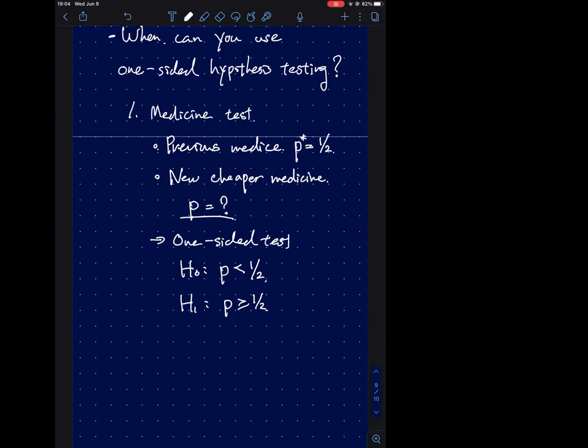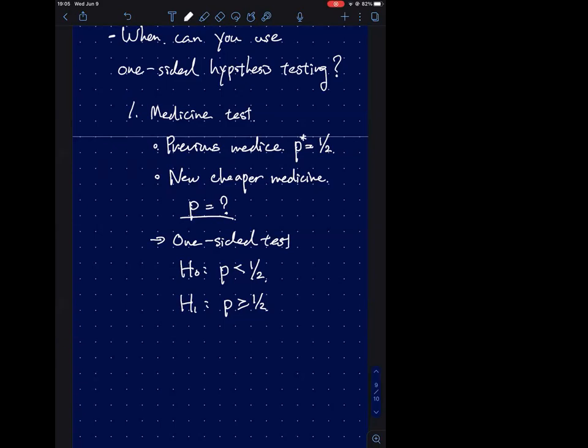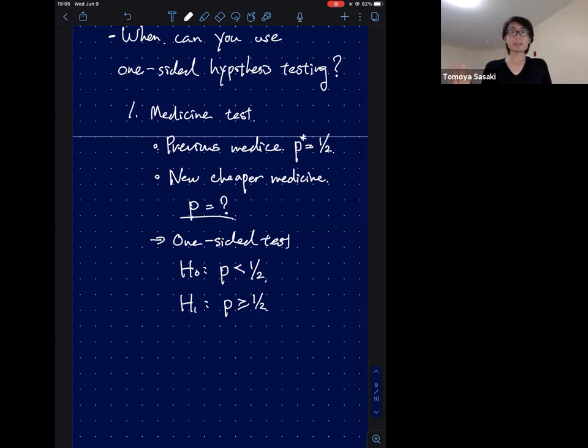Okay, and shouldn't it be P greater than 1/2? So you want it to be greater or equal than 1/2, right?